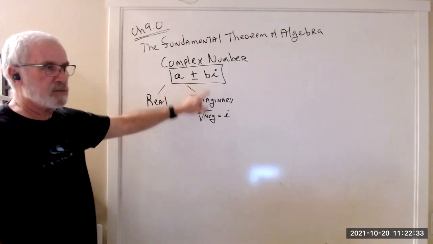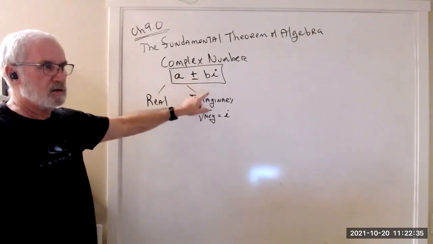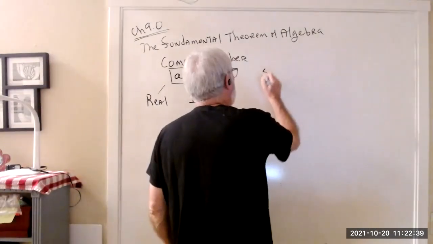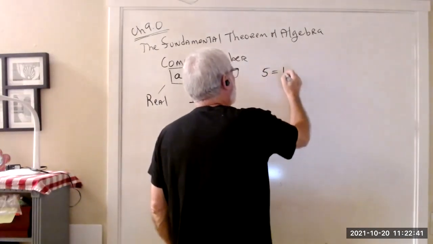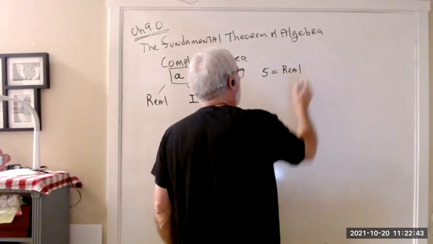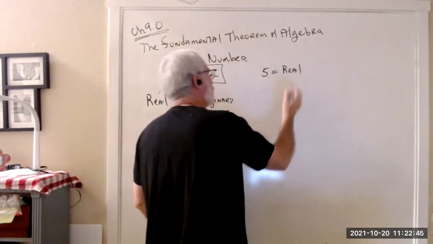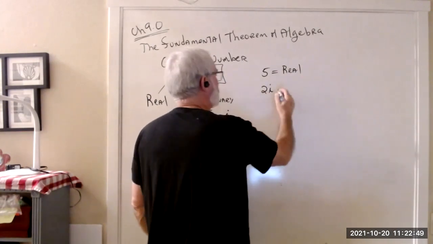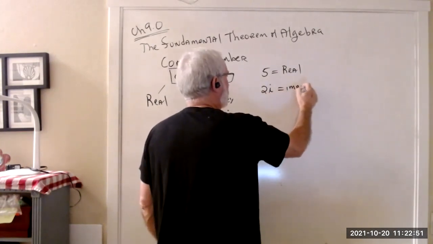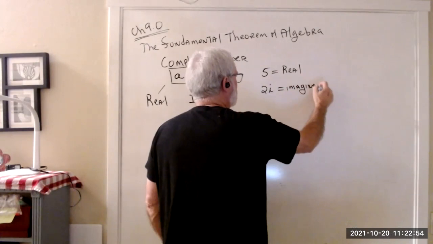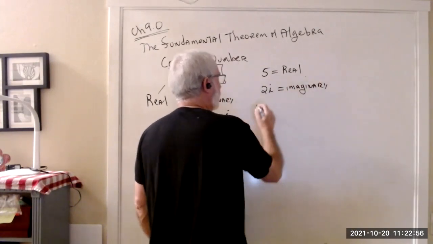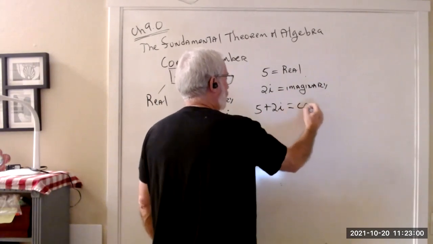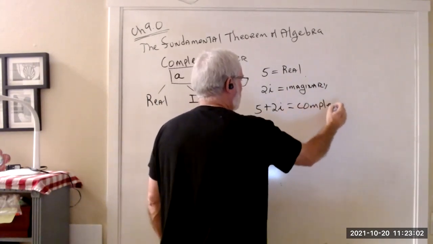The imaginary number always comes second. For example, if I write 5, this is a real number. If I write 2i, this is an imaginary number. But if I write 5 plus 2i, this is called a complex number.